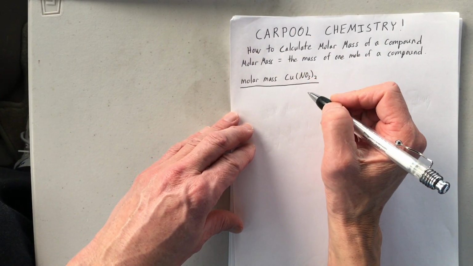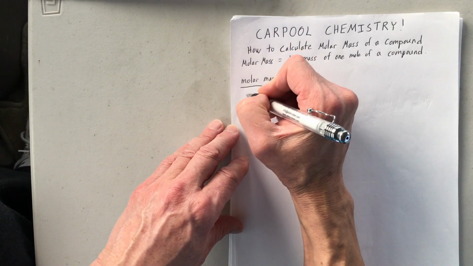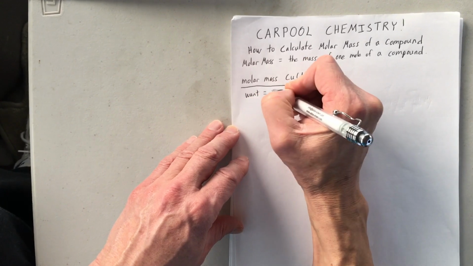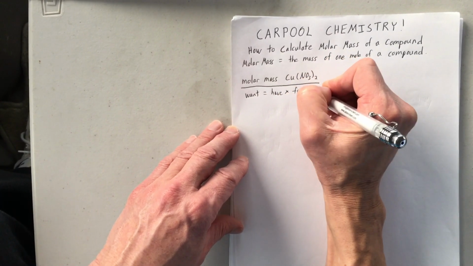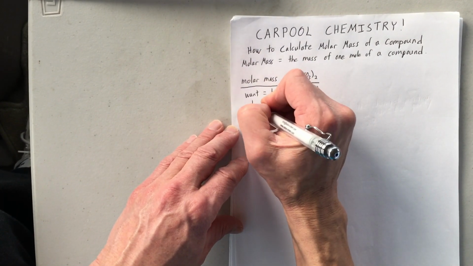In order to make it so that we don't leave anything out, let's do this in a nice, neat, orderly fashion. Using dimensional analysis, or want is equal to have times factors, we can calculate the mass of each element in this compound.